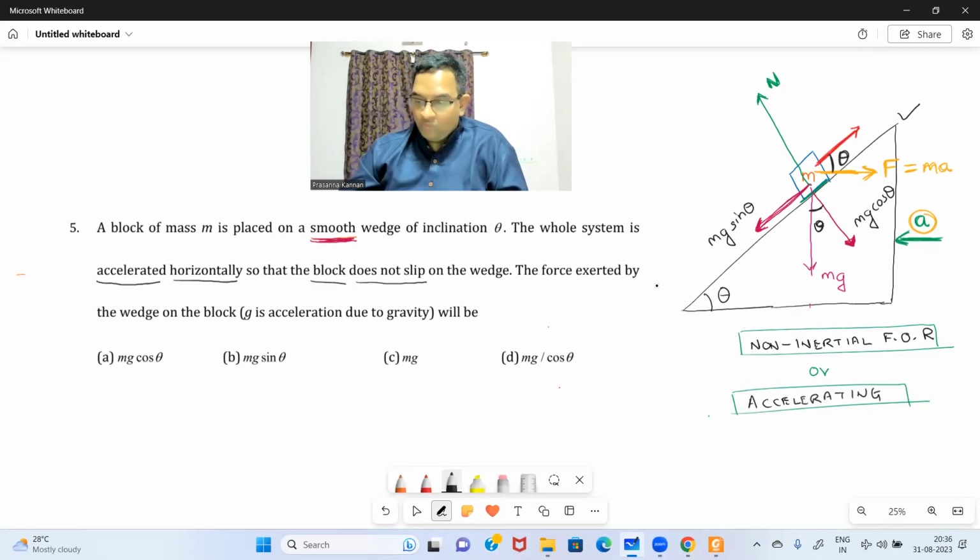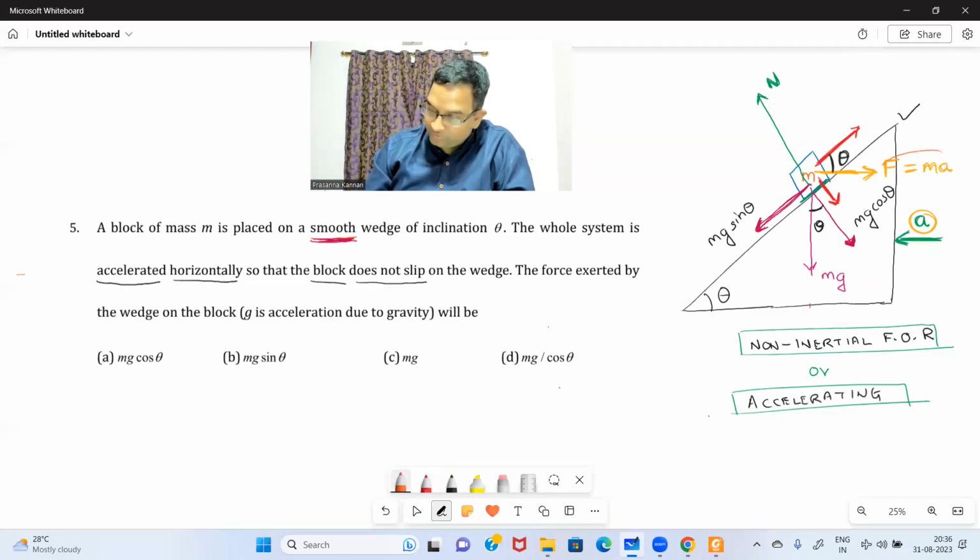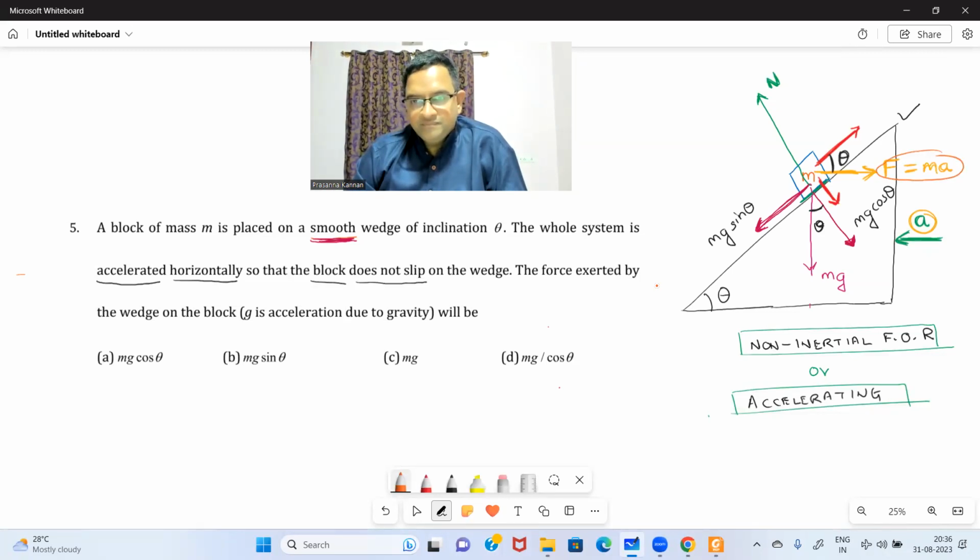So what will this component be and what will the vertical component be for this F? Because this is theta, what is this component? This is the force. So what is this component? Come on, tell me. Very, very simple.